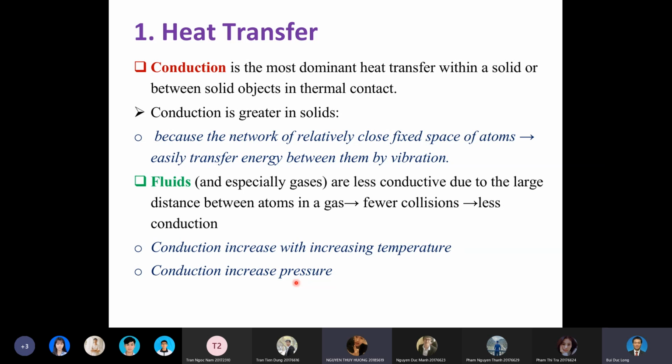When we increase temperature, the atoms become more excited and move around, so they have a higher chance to interact with each other.